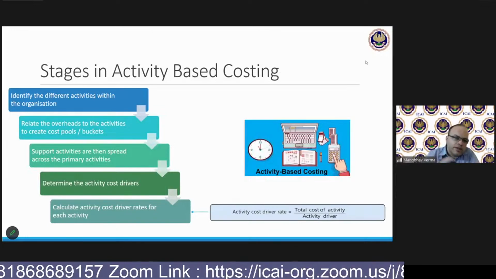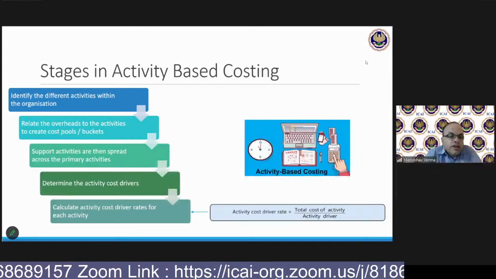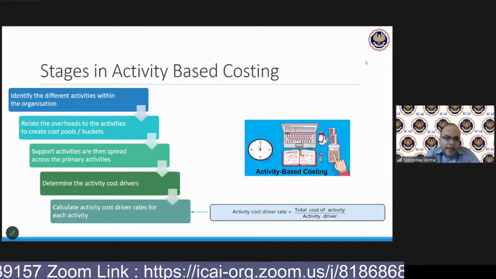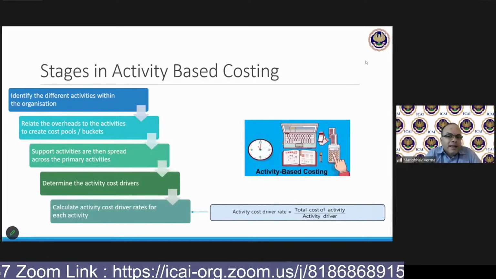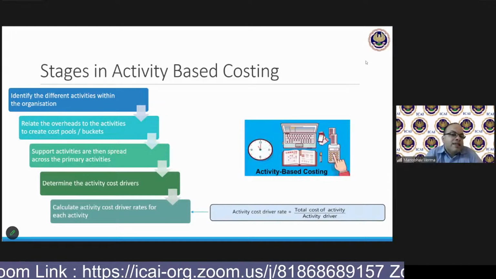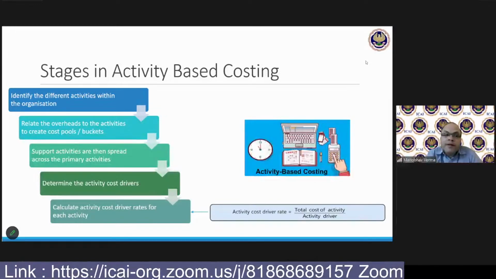Rashmi says indirect cost, absolutely correct. The next step is that support activities are then spread across the primary activities.